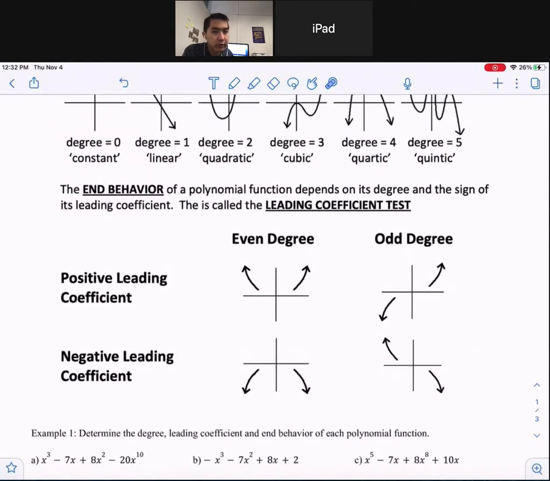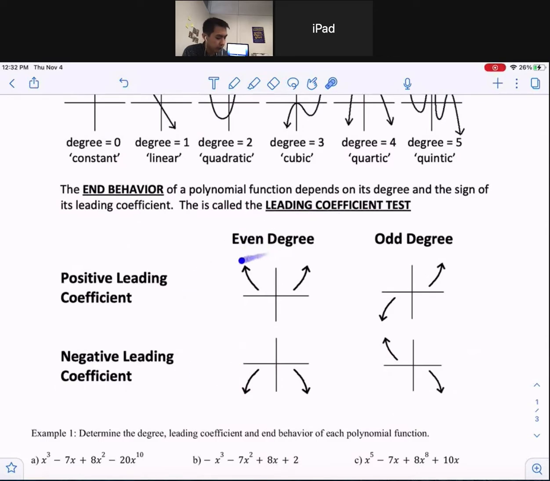So in order to determine the end behavior, one way you guys can do it is looking at the degree of your polynomial and the sign of its leading coefficient. The sign of the leading coefficient is always attached to your guys' highest degree. So here we have this.